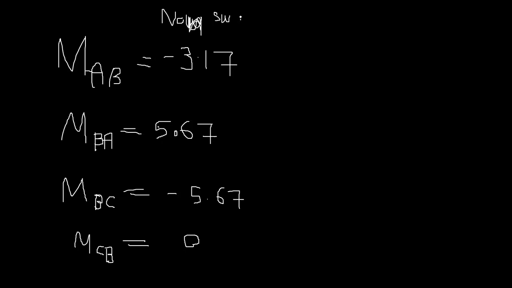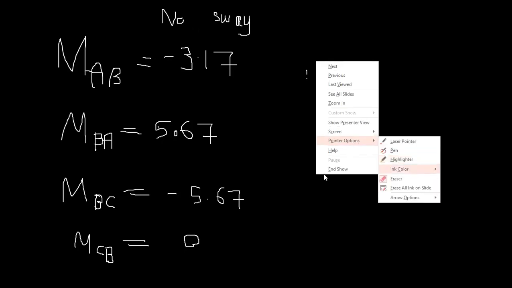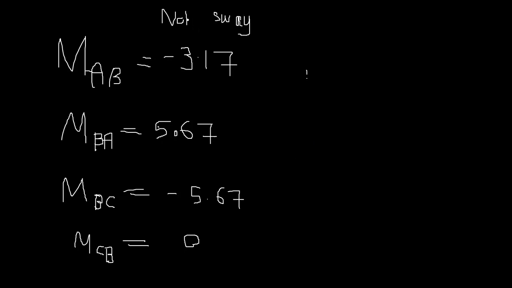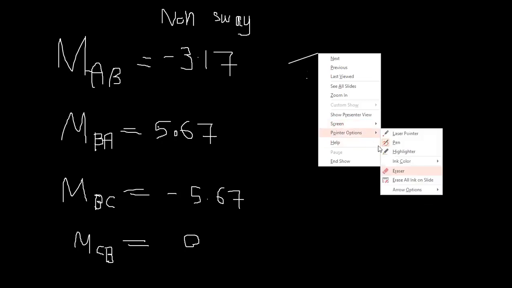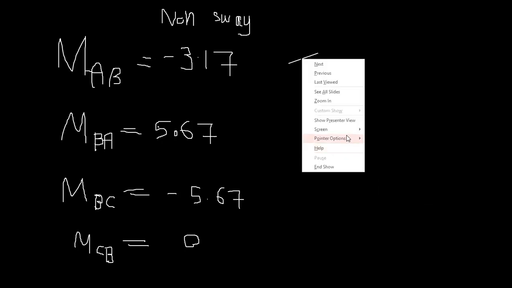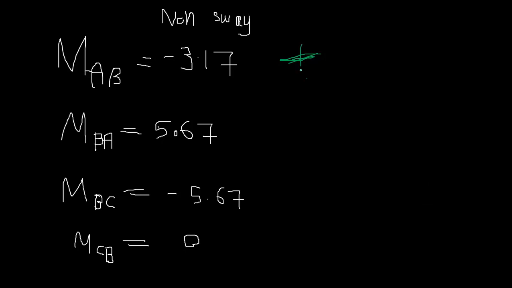Nonsway, right? We stop this way. Why? We did the moment distribution using the external loads and everything, and we isolated sway separately, right? So we then just need to add.